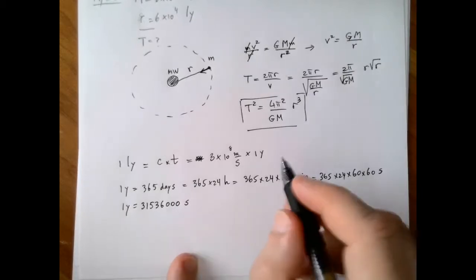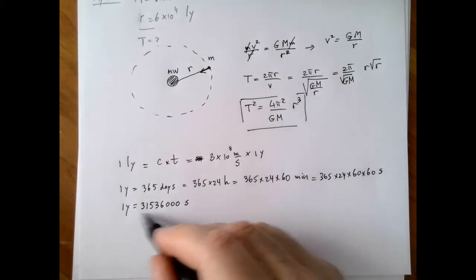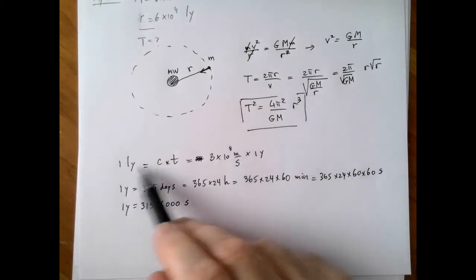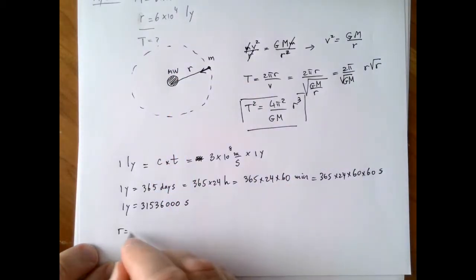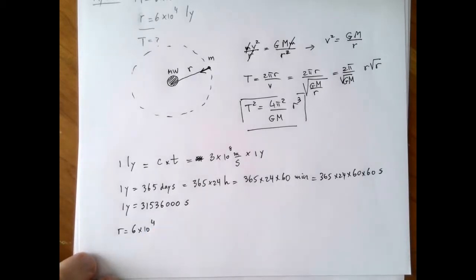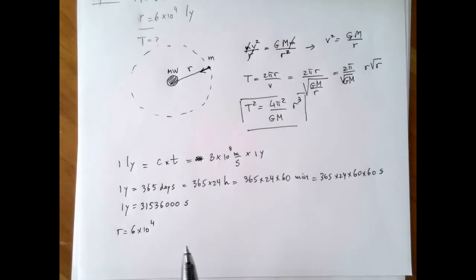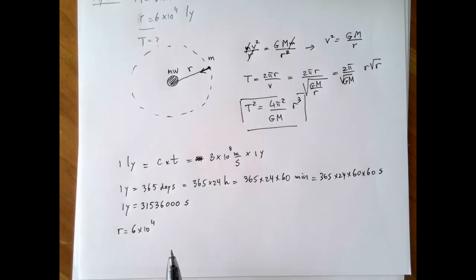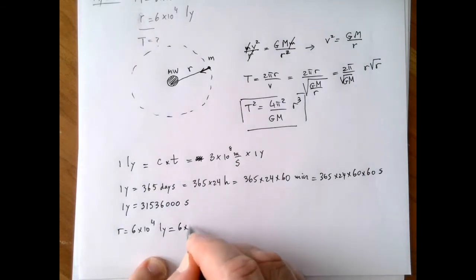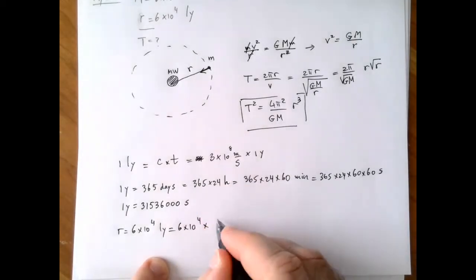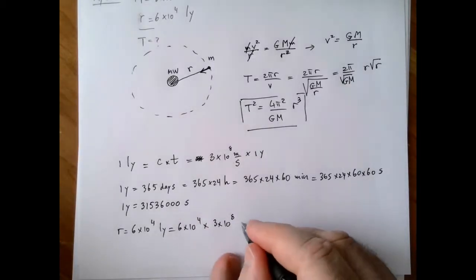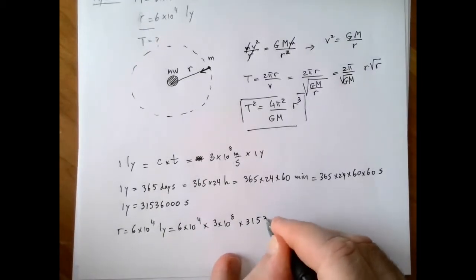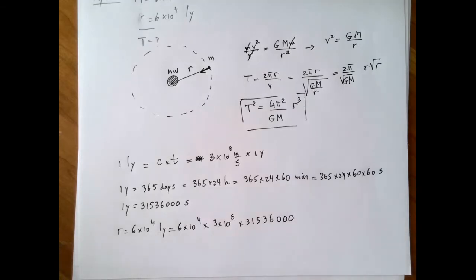So let's keep this number in mind. So the radius in this problem, 6 times 10 to the 4 light years, would be 6 times 10 to the 4 times 3 times 10 to the 8 times 31,536,000.